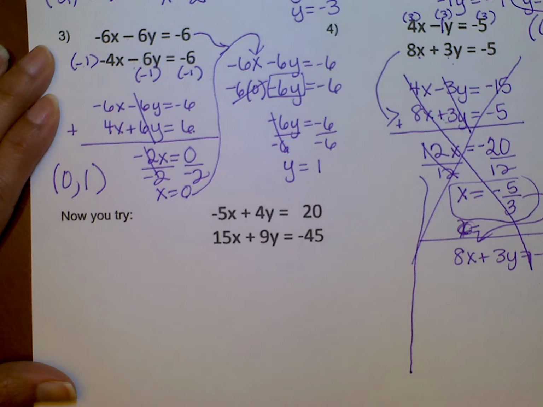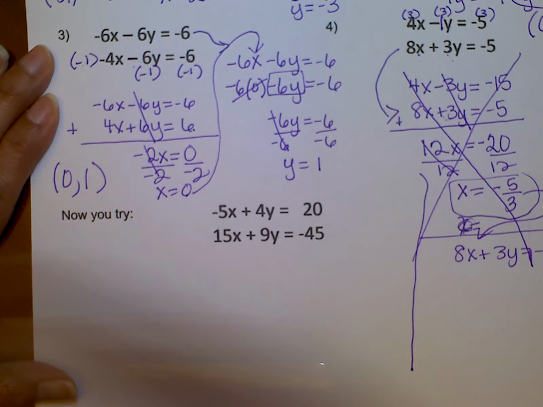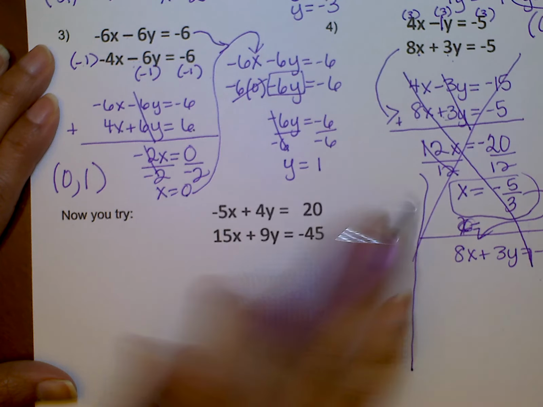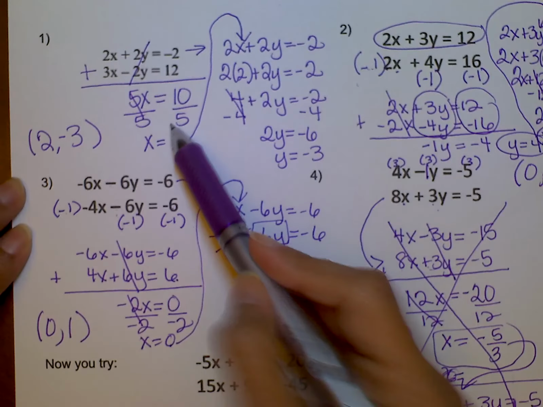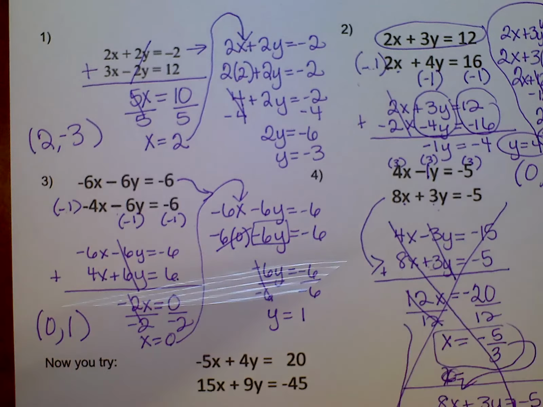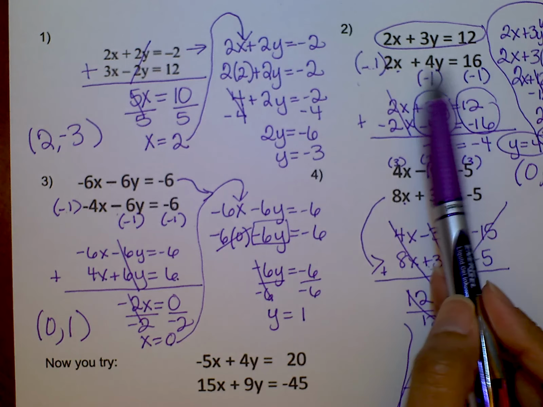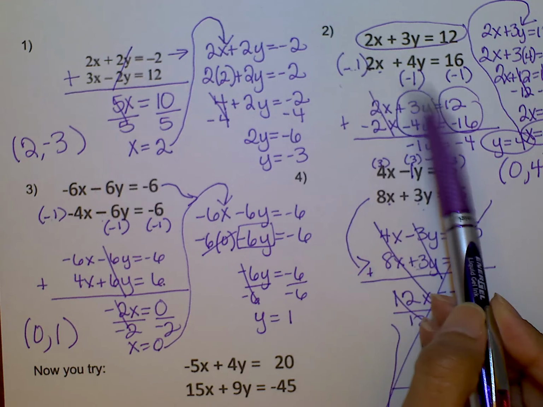Okay, so listen carefully. I started on this one and stopped it because we ended up with a fraction. Same here. So basically you just need to know how to do 1, 2, and 3 to be able to do your work today. Okay. Just know how to create those opposites right there by multiplying.